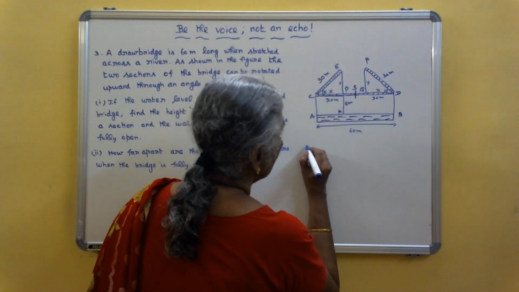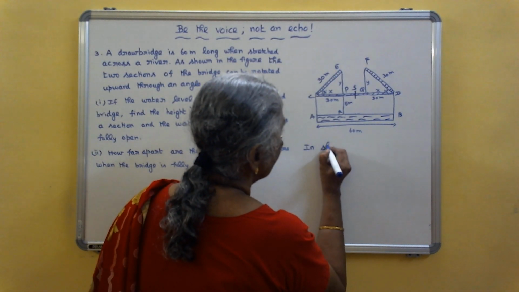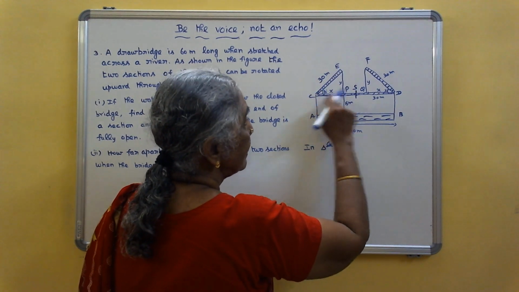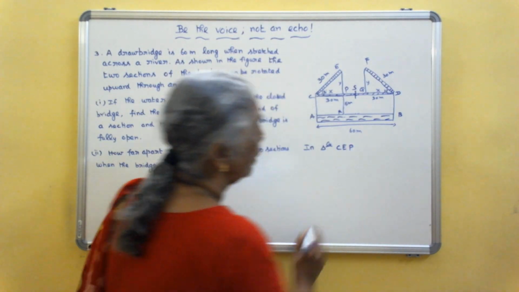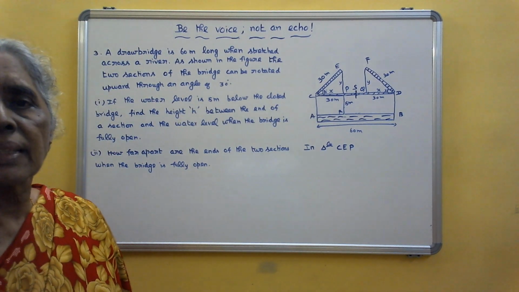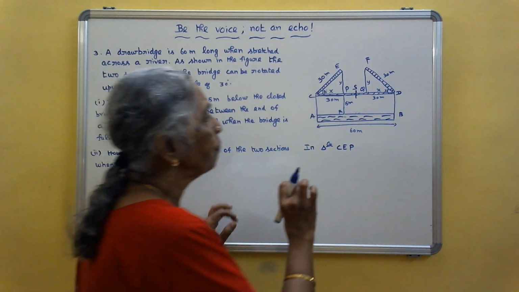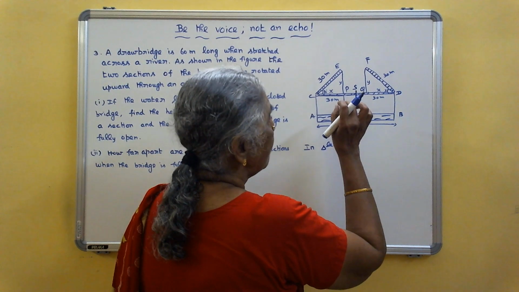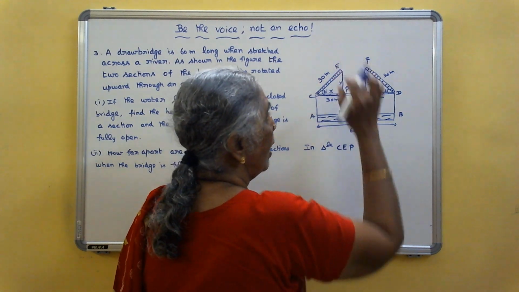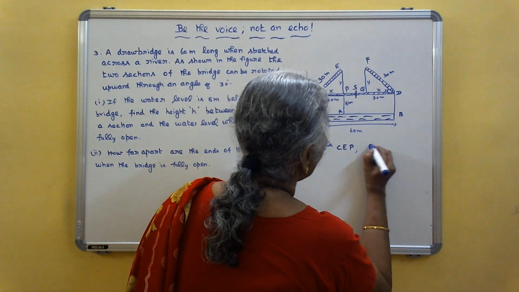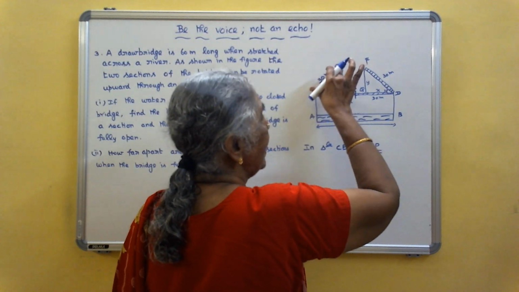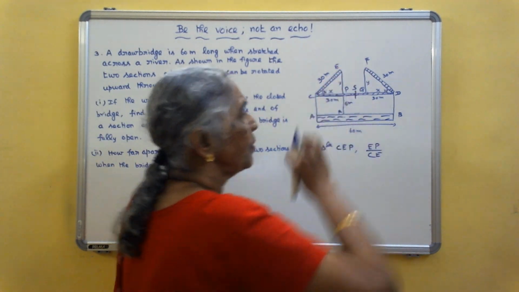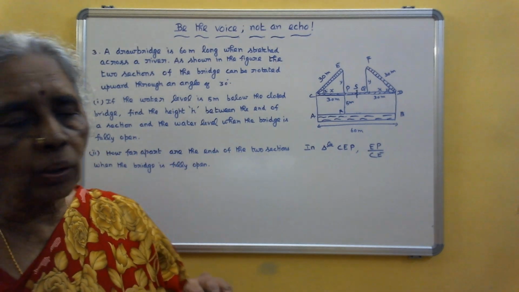So now I am considering this triangle CEP. Now I am going to find out this part. So I take EP by CE, that is opposite side by hypotenuse.